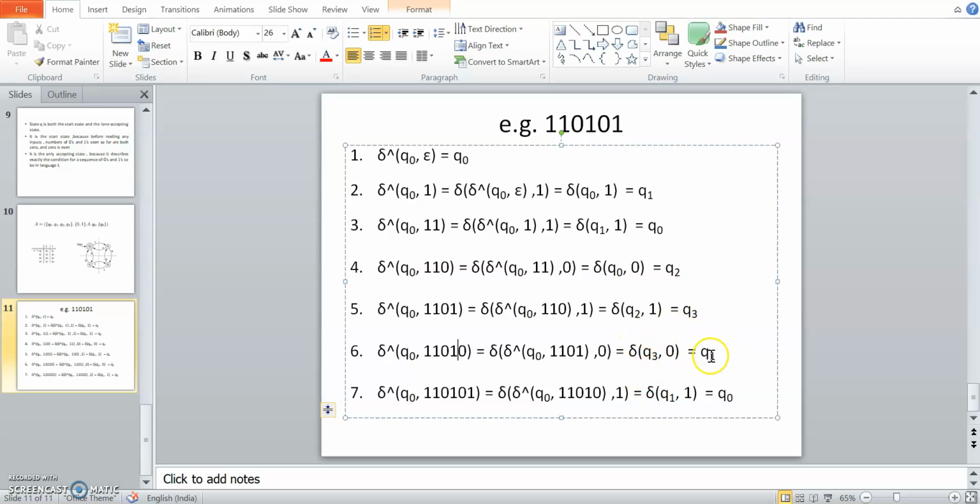What will be my next state? Q1. Similarly, the last point is here, we divide X into 1 1 0 1 0. That is my X. So delta transition till this X was Q1. So Q1 on the last symbol 1, Q1 on 1 is equal to Q0. So here as you reach Q0, your string 110101 is in the accepting state. So this string belongs to the language.